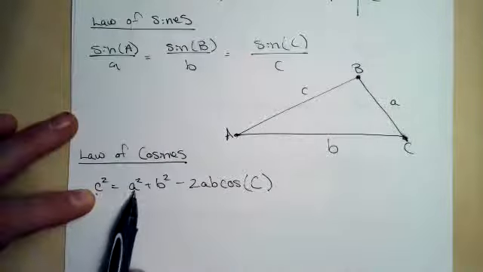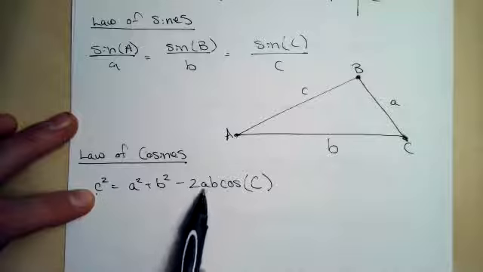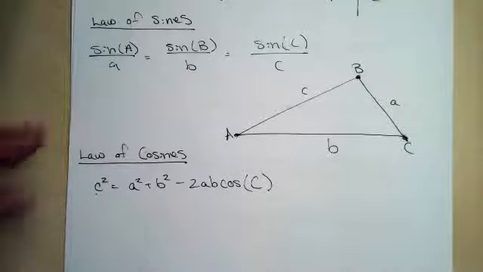And then, since it's a squared plus b squared, the AB goes there, minus 2AB. And you can permute those variables around however you like. So make sure you know those.